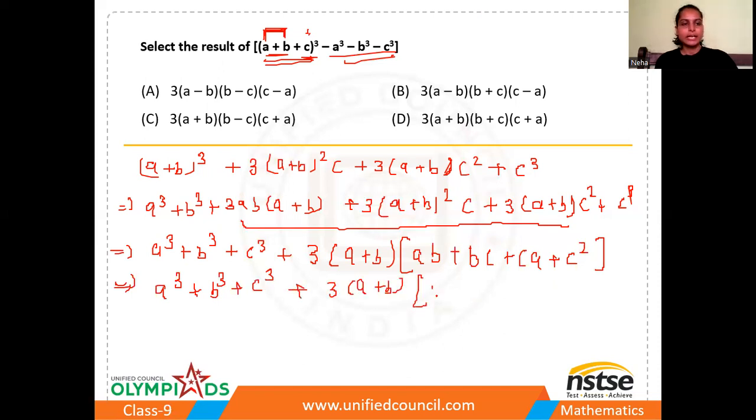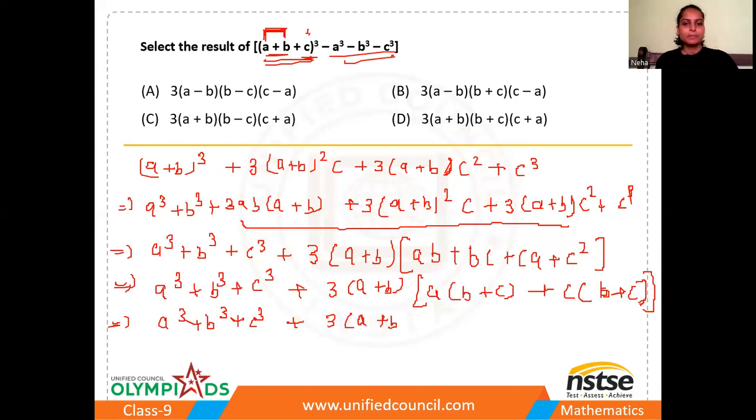Here I can take a as common, so it becomes b plus c, and from the last two terms I can take c as common, so this becomes again b plus c. So here I can take b plus c as common, right? So this is a cube plus b cube plus c cube plus 3 into a plus b into b plus c into c plus a.